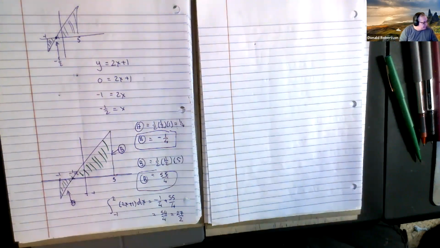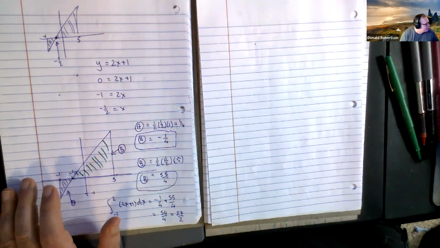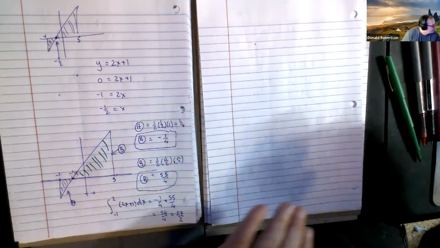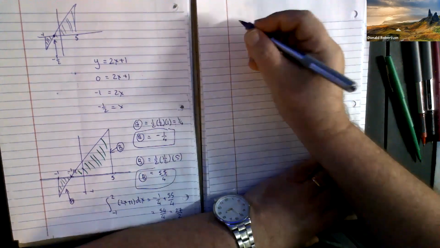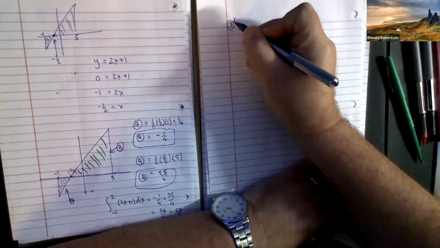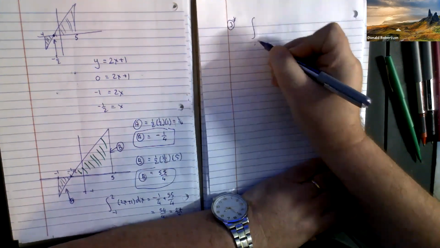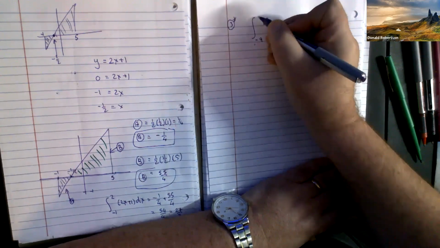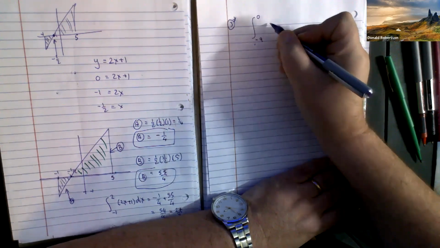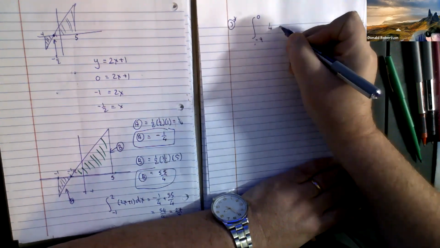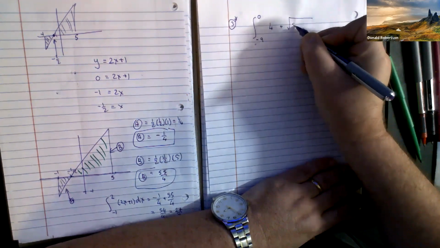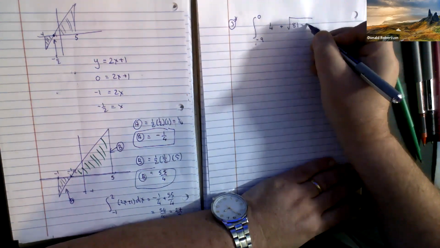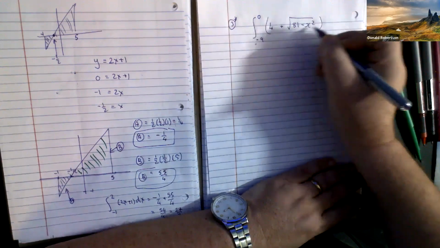Now, the third situation is shapes with pieces of circles in them. So the one I'm going to pick is a version of equation 3. And we're going to find the integral from -9 to 0 of 4 plus square root of 81 take away x squared dx.